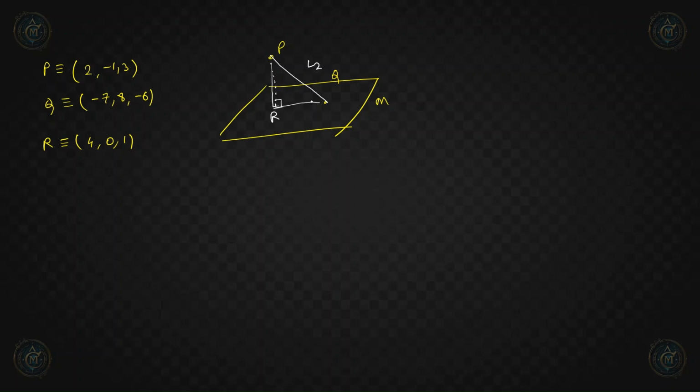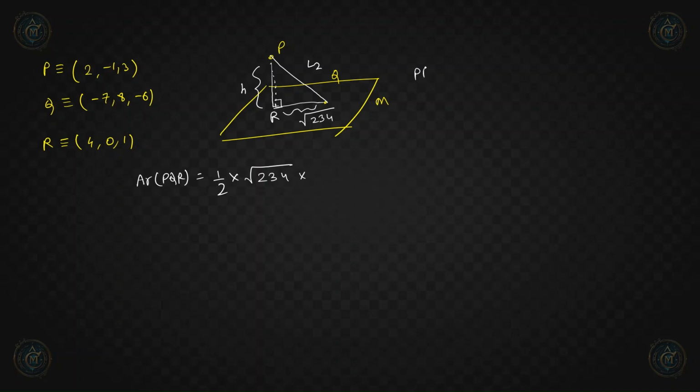That means if we try to calculate the area of PQR, this will be simply half into height into base. QR we already calculated, it is equal to under root 234. So it will be under root 234 times this height. The height will be simply the perpendicular distance of this point from this plane, or we can directly calculate the distance PR.